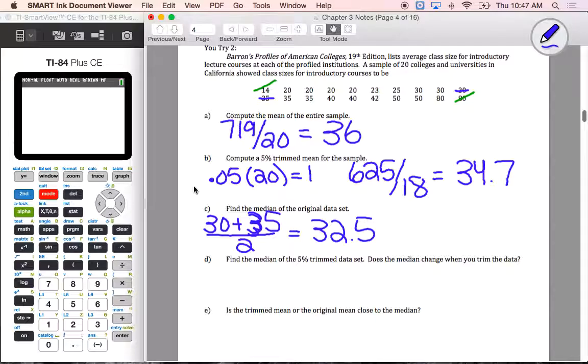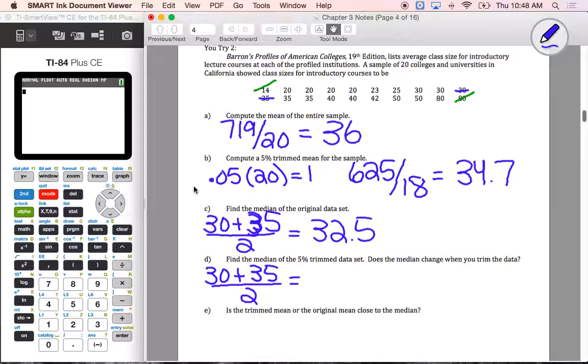Now they want the median of the 5% trimmed mean. So if we look at our median, it's still going to be the 30 plus 35 all over 2. Because it has not changed. If you count in starting with 20 and 80, you're still going to have 30 and 35 as your two middle numbers.